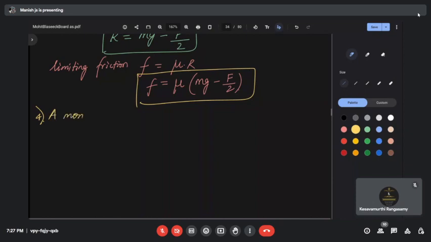A monkey of mass 40 kgs wants to climb a rope hanging vertically.